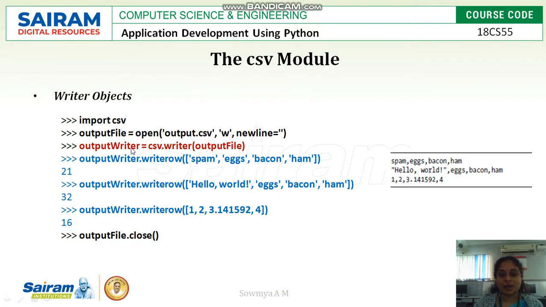Then output writer is the object name given for csv.writer with the output file, by passing the file object. output writer.writerow will write the data to the file row-wise. We can use writerow again, and a complete row can be written. This is how the file looks once you close the output file.